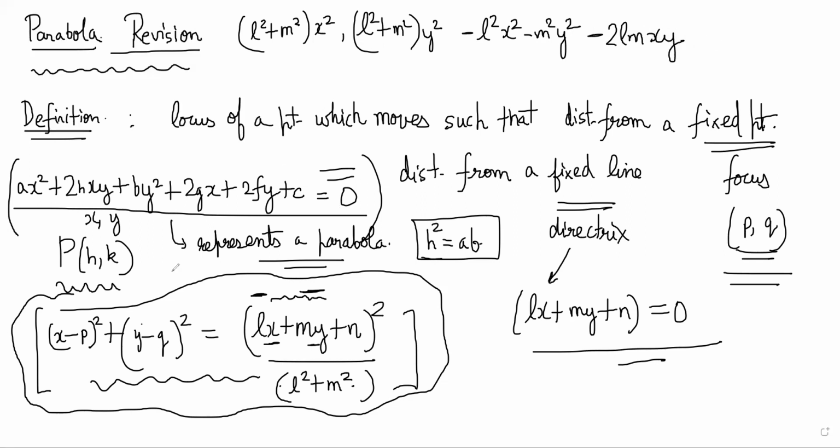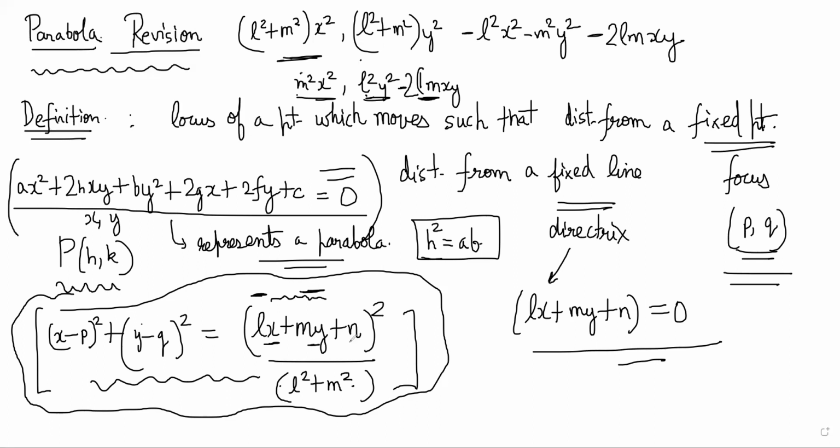Other terms we don't care about. So simplifying these, here you get m square x square, l square y square, and minus 2lmxy. So you can see that a is m square, b is l square, and h is minus lm, right? So h square will be equal to ab.